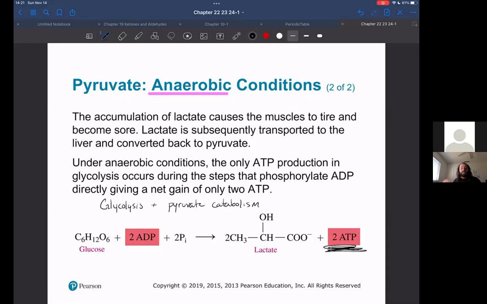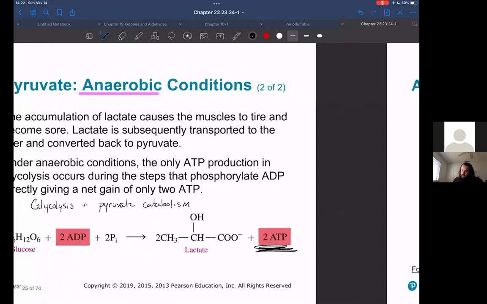There isn't an additional output of energy in the form of NADH. In fact, because of this anaerobic reduction of pyruvate to lactate, it actually consumed the NADH that was generated in the glycolysis step. So the net payoff for metabolism of glucose carried out under anaerobic conditions is just 2 molecules of ATP.